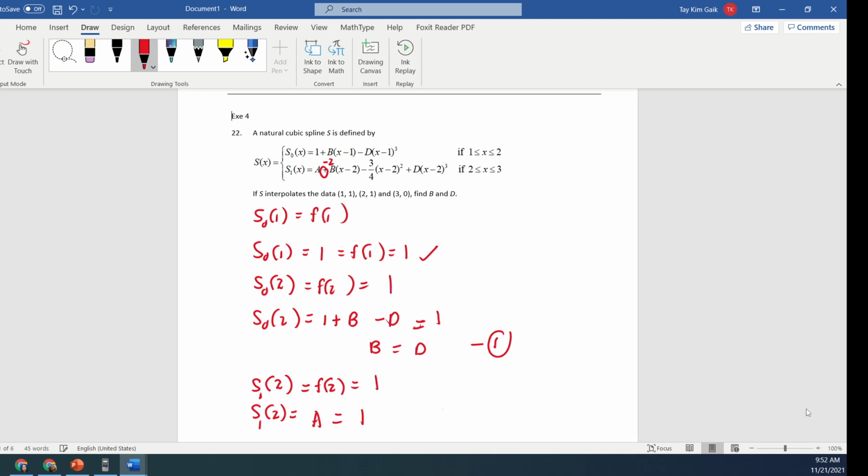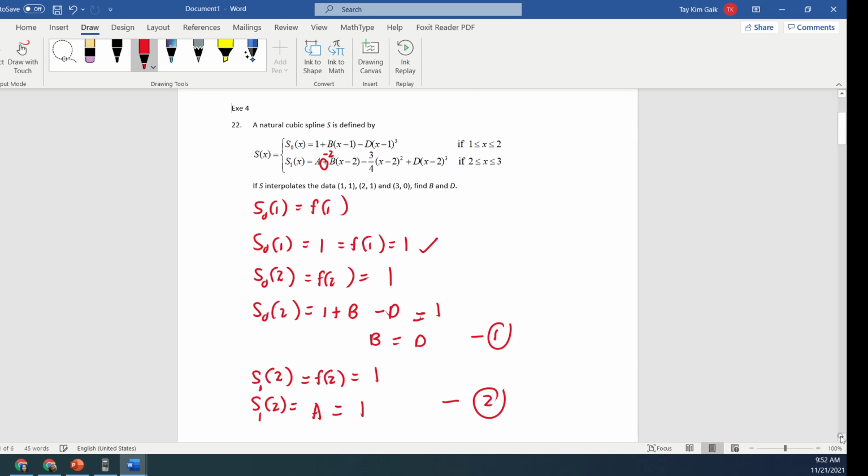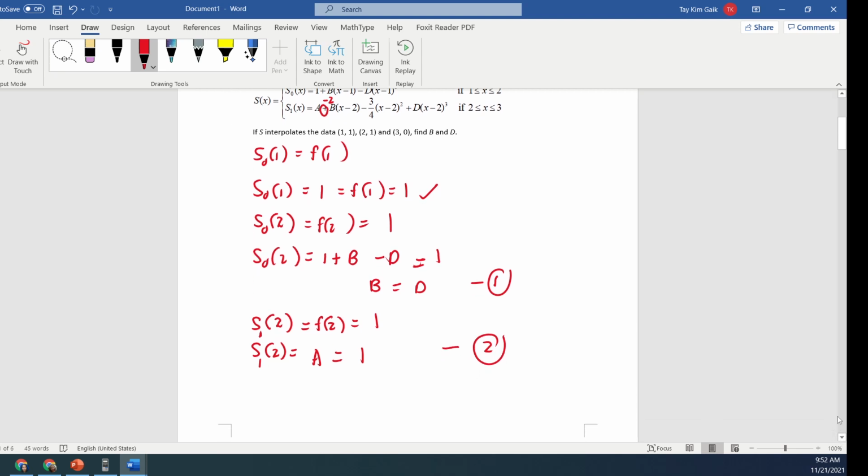Later, if we plug in x equal to 3 into S1, you have A minus 2b minus 3 over 4 plus d, because 3 minus 2 is 1. S1(3) should be equal to F3, which is 0. So at x equal to 3 the answer is 0, at x equal to 2 it is 1, and at x equal to 1 it is 1.